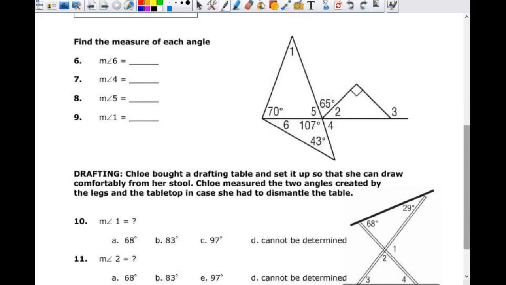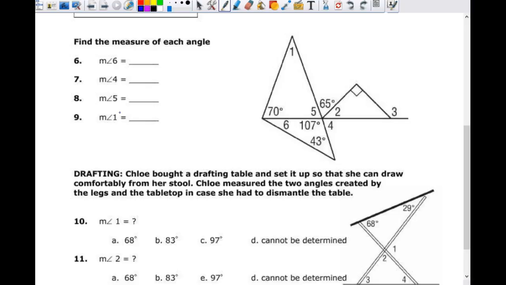Remember what I say? When I do these problems, I don't even look at this part. I just start filling them out here. So I'm going to see what I can find easily. Well, I'm looking at this triangle here, and I know 2 of the 3 angles. So I can figure out 6 extremely quickly, right?